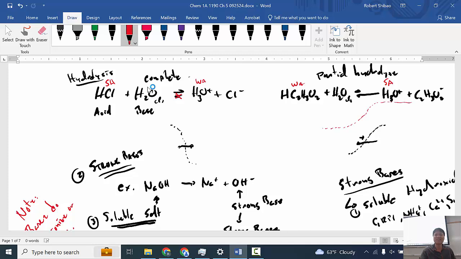In this uphill climb, only 1% or less population makes it up. But over here, it's a downhill climb. So even if the HCl doesn't have that much kinetic energy, it makes it downhill. And so about 100% end up downhill. Some might try to climb back up the hill, the opposite direction.